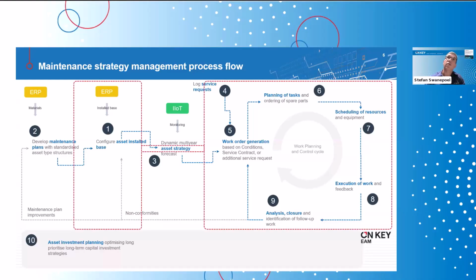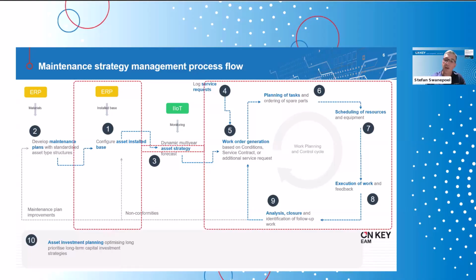So if we look at this picture, typically where your typical EAM functionality would fit in would be there around managing your install base, the part of bridging the gap between the install base and your work management, through your maintenance strategies, and then that work management cycle of planning, scheduling, executing, and closing out on the work orders.